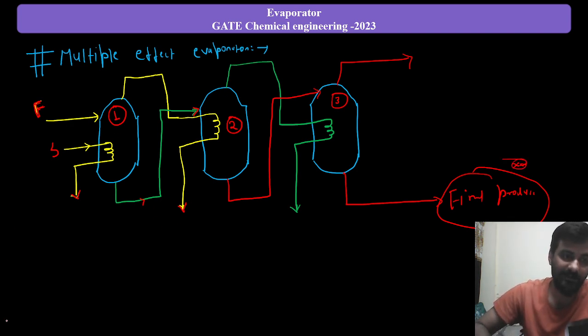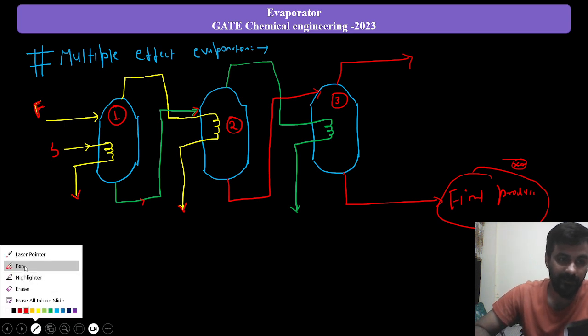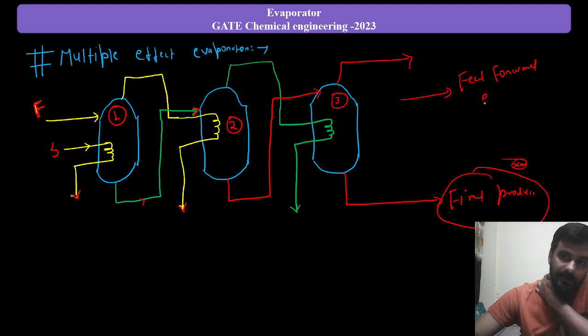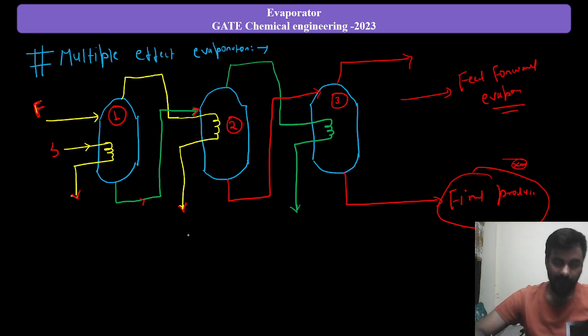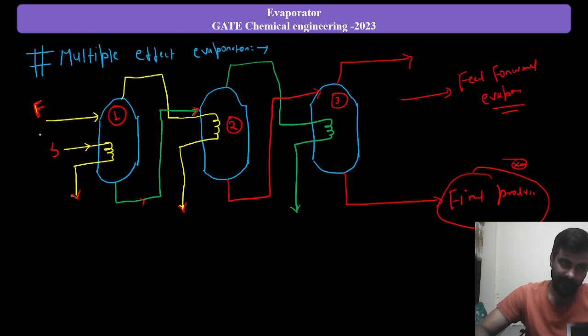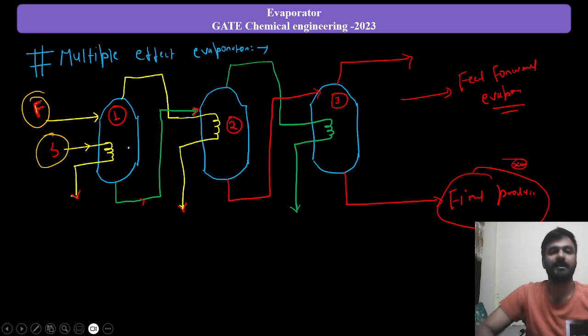So this is called a forward feed evaporator. Why? Because here you can see the steam and feed are going through the evaporator in the same direction.